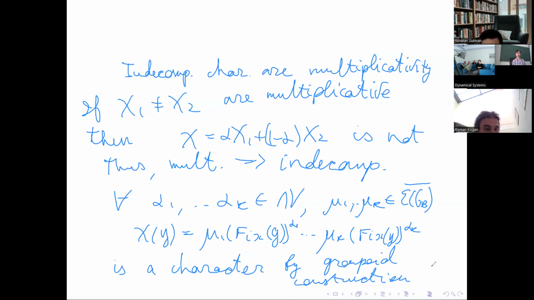So having a measure on some space, this formula can be represented as some measure of fixed points.